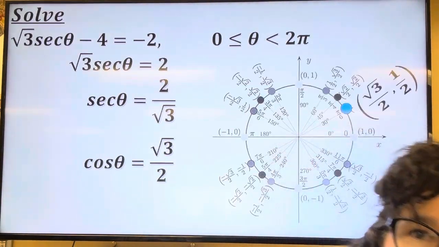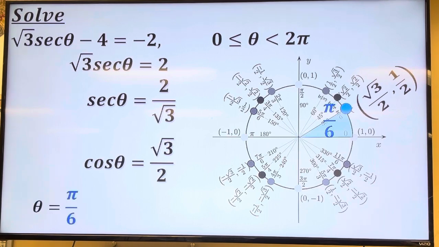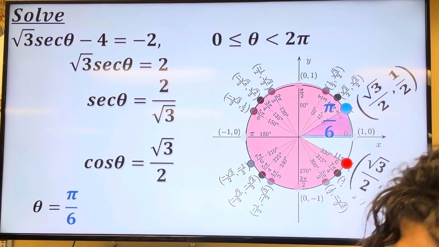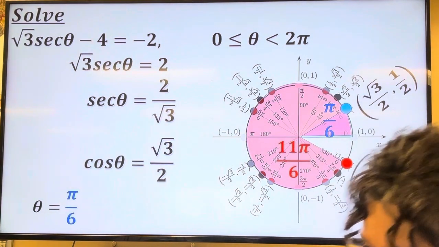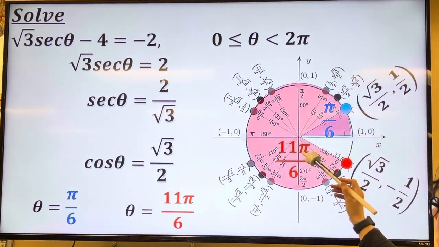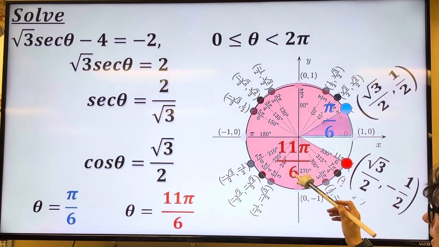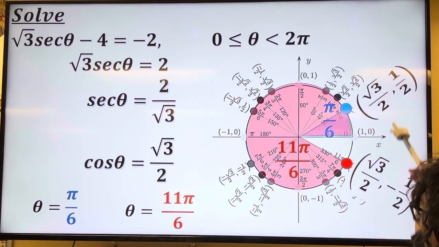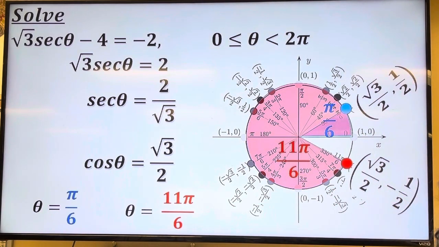Let's take a look. That's going to happen at both pi over 6 and 11 pi over 6, because again, the x-coordinates are positive root 3 over 2 at those two locations.